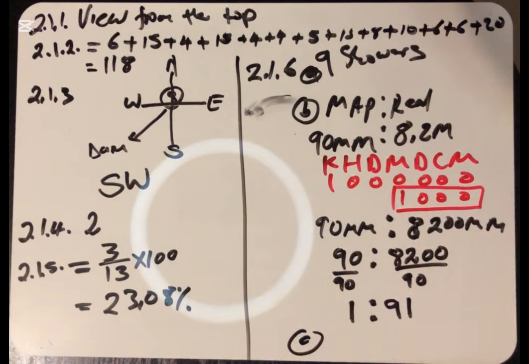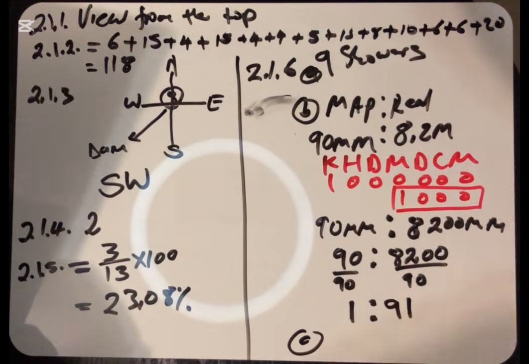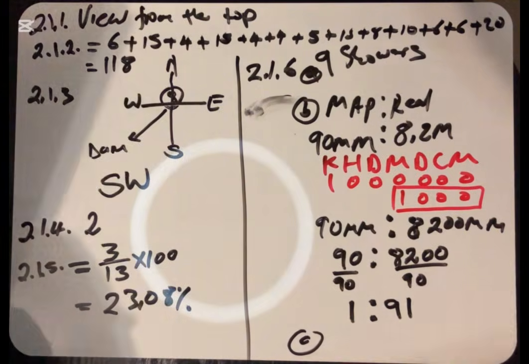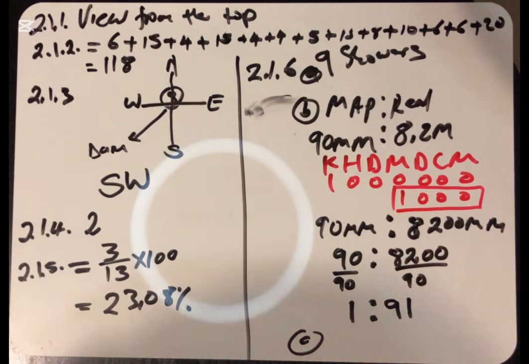Question C, it says, give one suitable reason why benches are found in the ablution facilities. Why do we have benches in the ablution? Obviously, it's a waiting place.